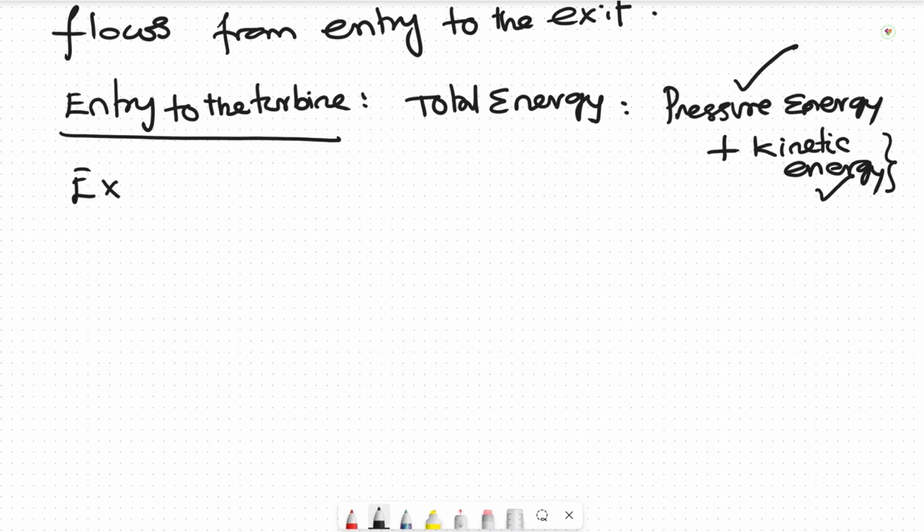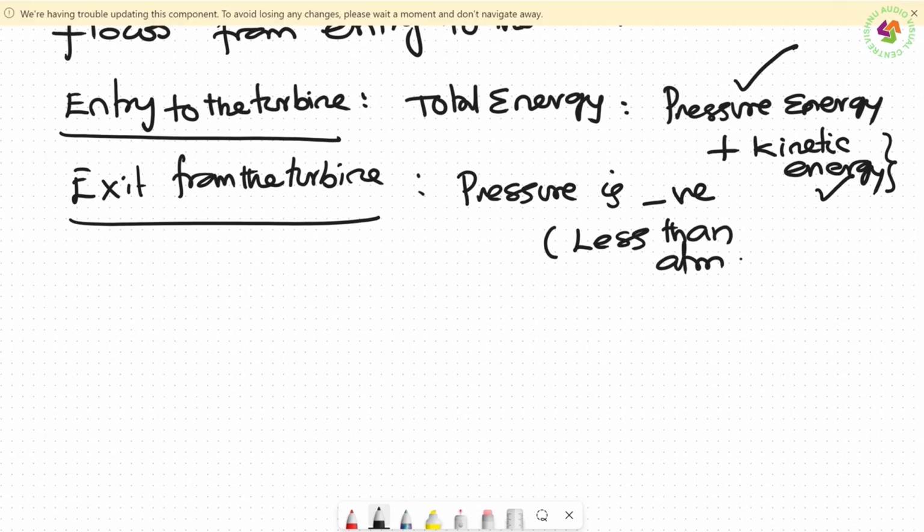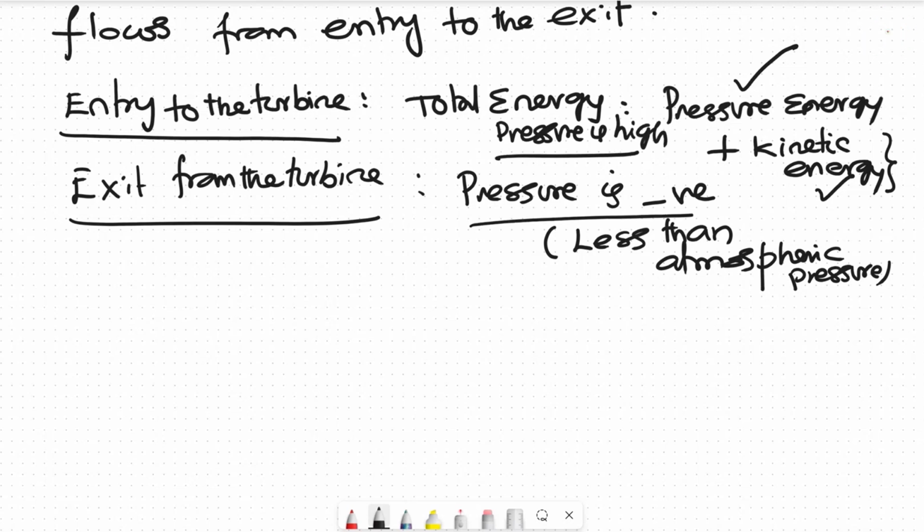If you take the exit from the turbine, the pressure is negative, less than atmospheric pressure. Here the pressure is high. Here the pressure is negative. See both the things. That is the importance.